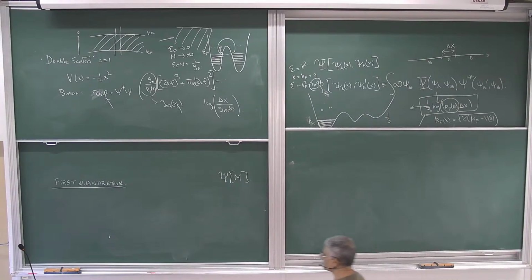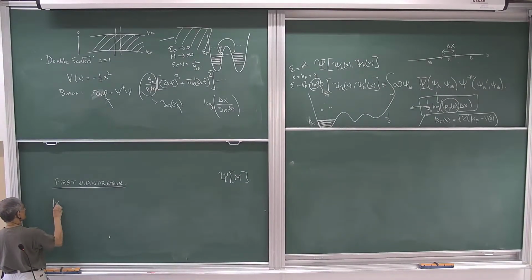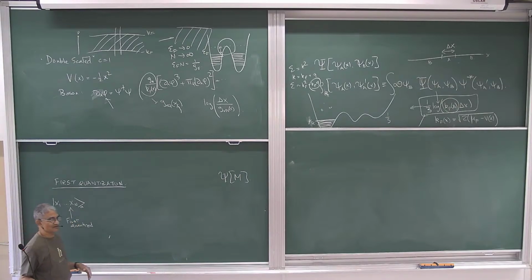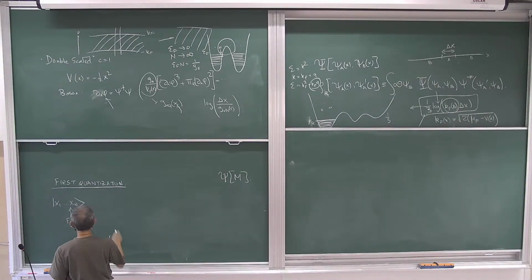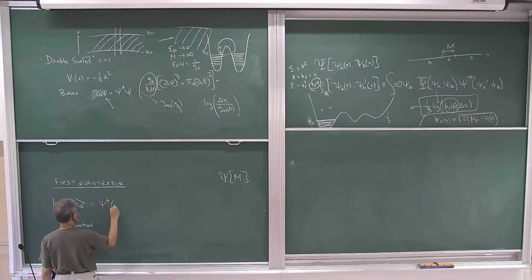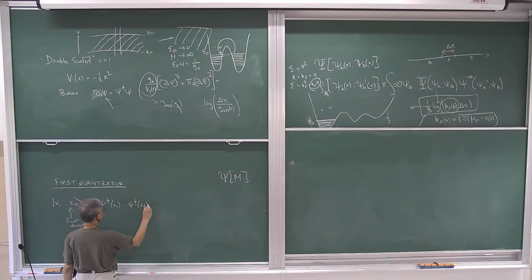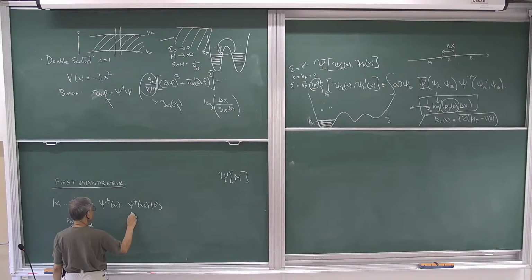I mean, there's no mystery here because, for example, the state with some number of particles, this is first quantized. A stands for antisymmetrization because we are dealing with fermions, is nothing but, and this is a second quantized description.